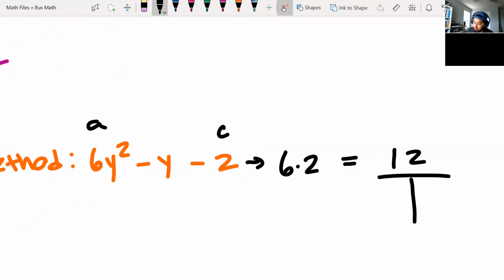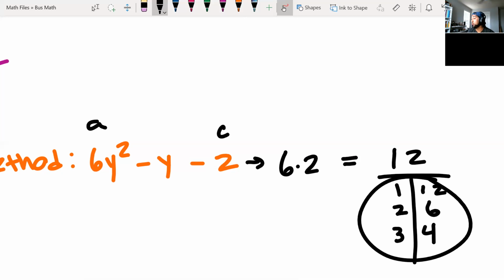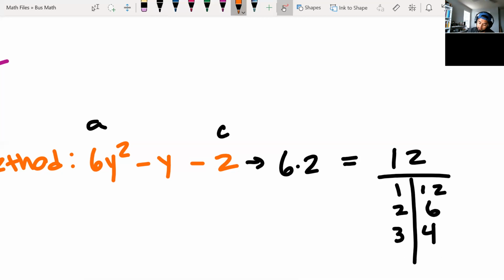And now list all the factors of 12. 1 and 12, 2 and 6, 3 and 4. And now we ask ourselves, out of this list of factors, which ones added or subtracted together can give me -1? 3 and 4. Good. So it's going to be 3 and 4.